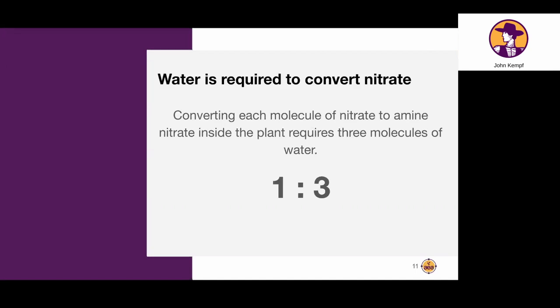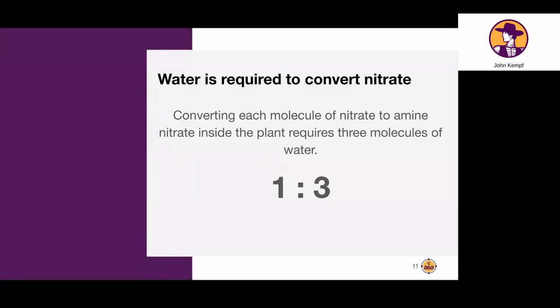So let's unwrap each of these. Let's talk about the water requirement as a jumping off place. There is a tremendous amount of water required for the plant when it absorbs nitrogen for two reasons. The first is that when plants absorb nitrogen and they convert that, it's difficult to speak in generalities here because there's variation between different plant species, but broadly speaking, most agricultural crops convert the majority of their nitrate in the upper parts of the plant, in the vegetative parts of the plant, not in the root system.